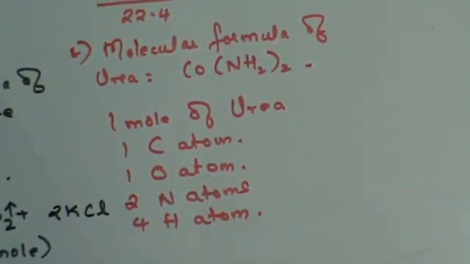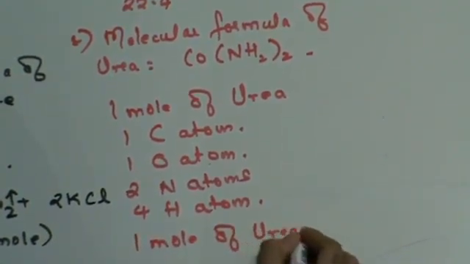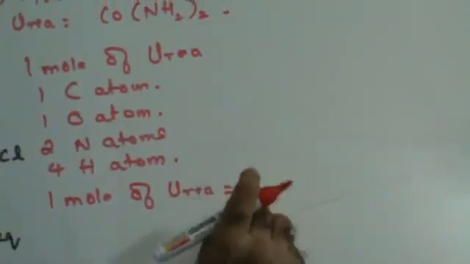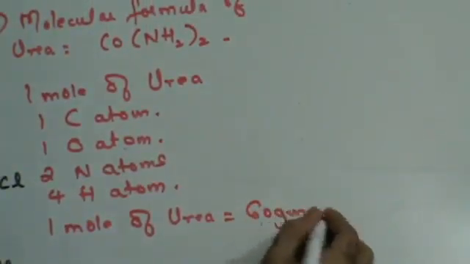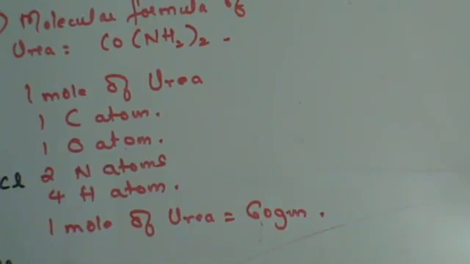All these are present in 60 grams of urea. How do I know 60 grams? Because the molar mass is 60 grams, and 1 mole of urea is 60 grams. So in that case, the number of hydrogen atoms present.